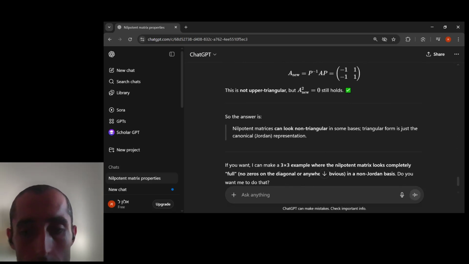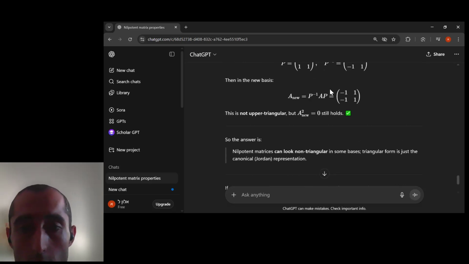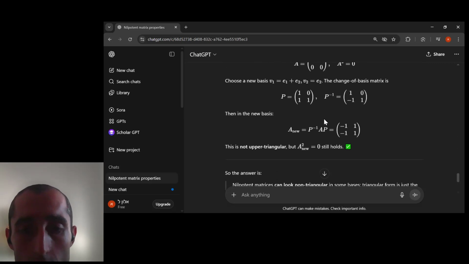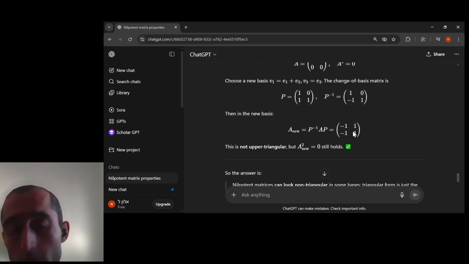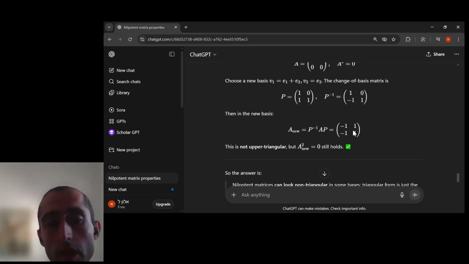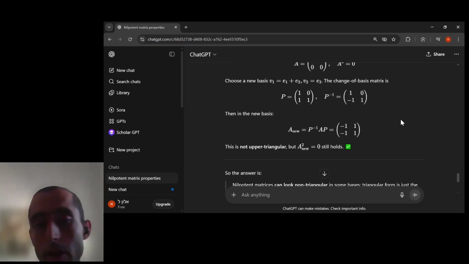When we are not talking about triangular form like this one, we have non-zero values on the diagonal. This is what I wanted to show you. And when you see that those are the values, if you take -1 plus 1, you get 0. As we said, the trace of a nilpotent matrix, no matter if it's triangular or non-triangular, will be 0.